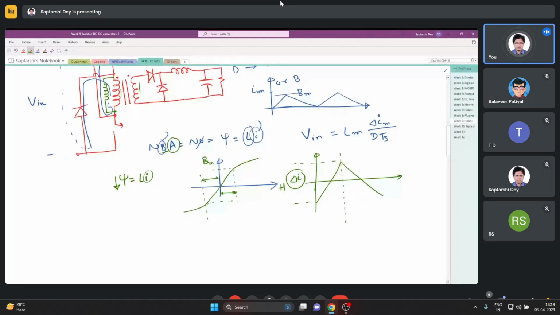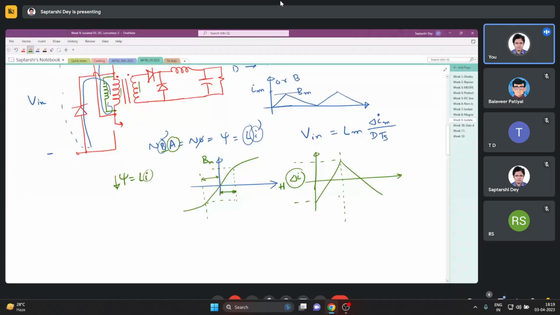Or in other words, if you can have a current like this in a converter, your magnetics become less bulky, or in other words, the utilization of the core is increased, it is doubled. This is where the push-pull converter comes into play. It pushes and pulls the magnetic circuit on both the sides.